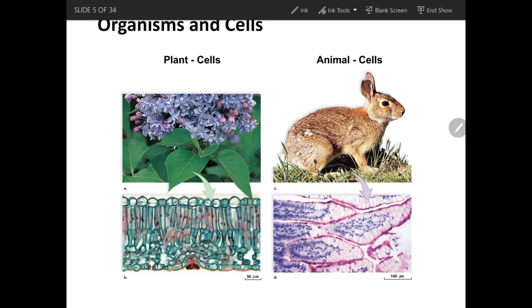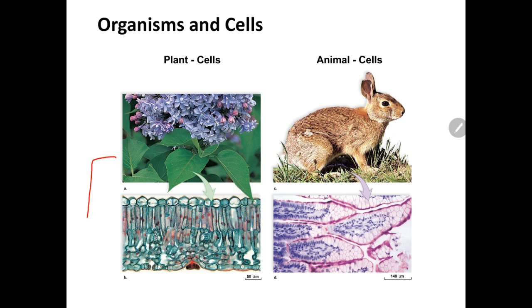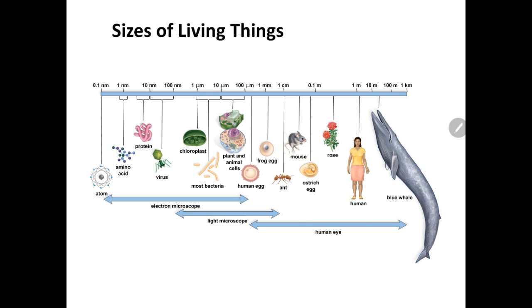Organisms and cells. As you can see, this is the plant and this is its cell, and this is the animal and this is its cell. The plant cell size is 50 and the animal cell size is 140, which is more than the size of a plant cell.